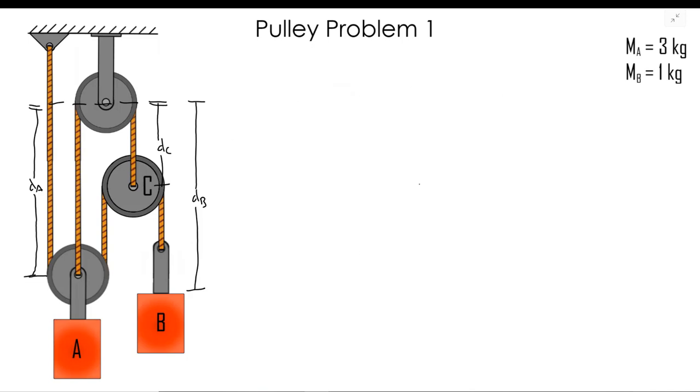Basically, with this pulley problem we have a mass for both the blocks, both the weights. So MA is 3 kilograms and MB is 1 kilogram. Our final objective is to figure out which way it's going. Is A going to be shooting down or up, or is B shooting down or up?